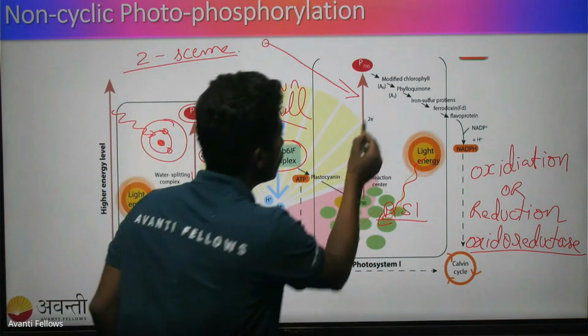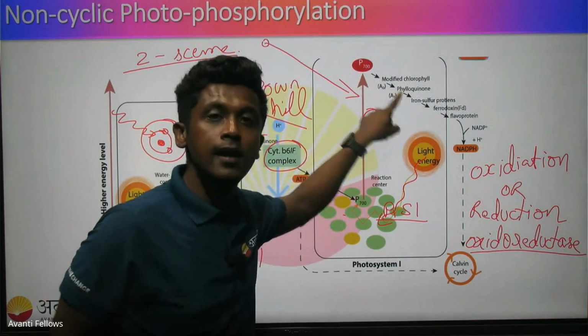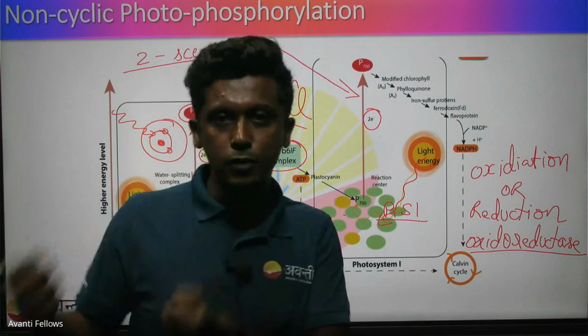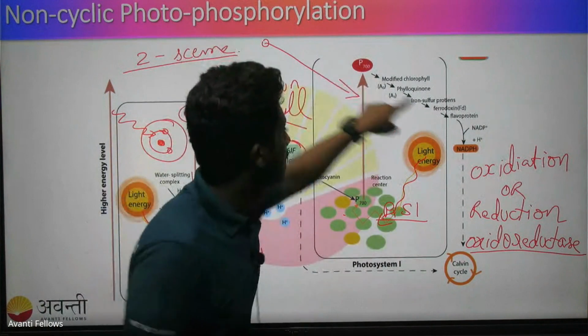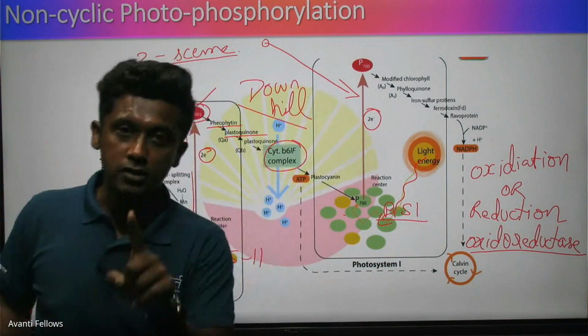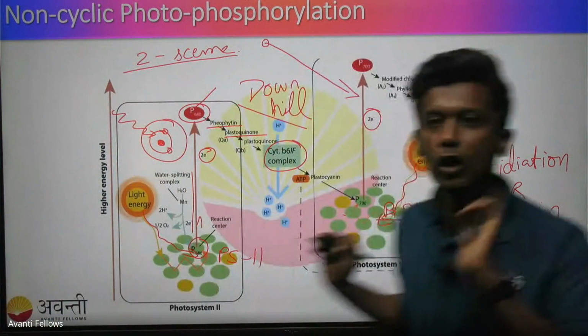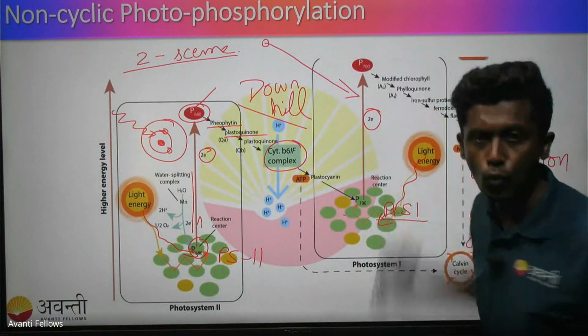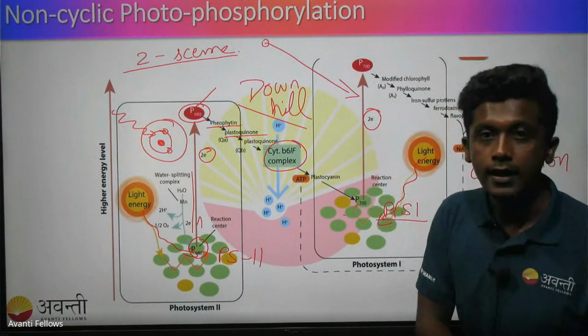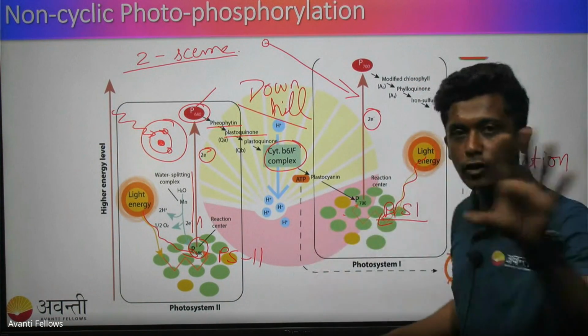This time, when the electrons get excited, again a series of acceptors are utilized for transportation downhill, for a purpose. So what is happening here? The electrons got excited in photosystem 1. The excited electrons in photosystem 1 again go through a series of electron acceptors.